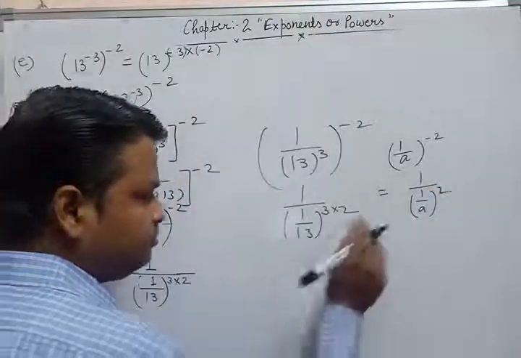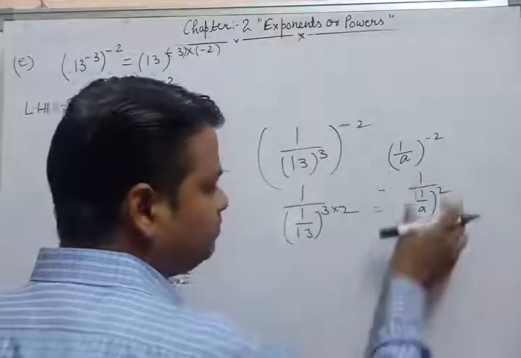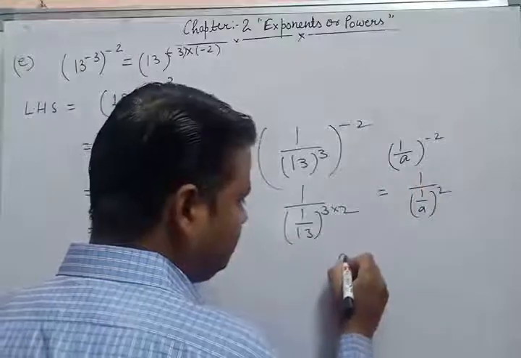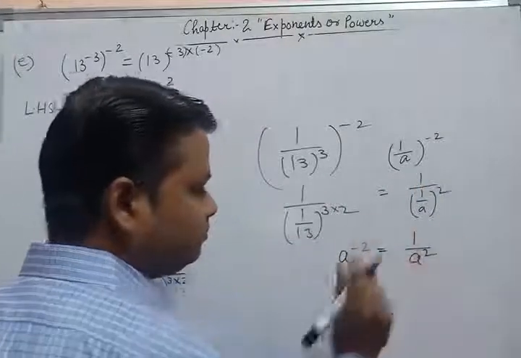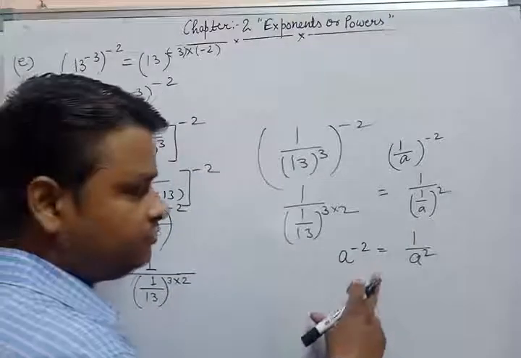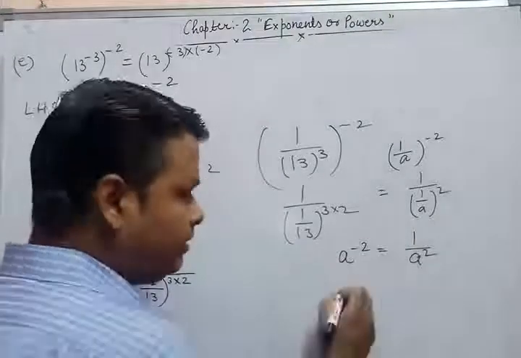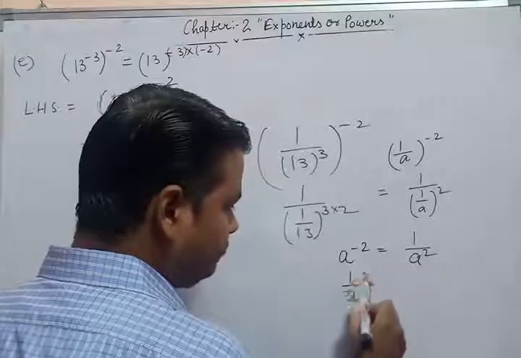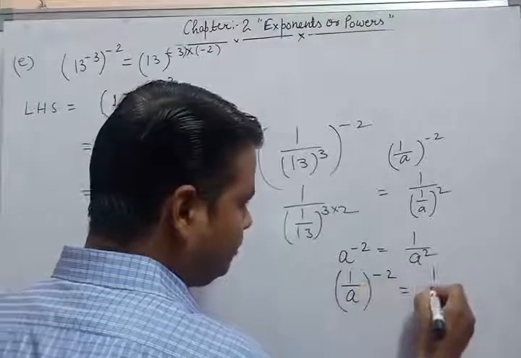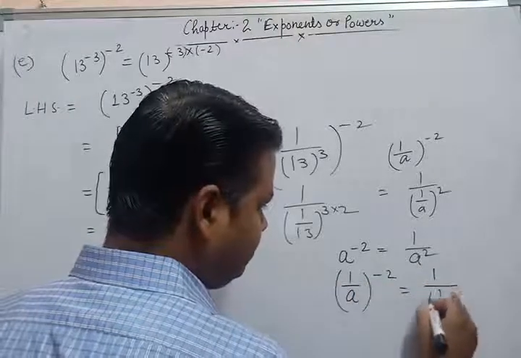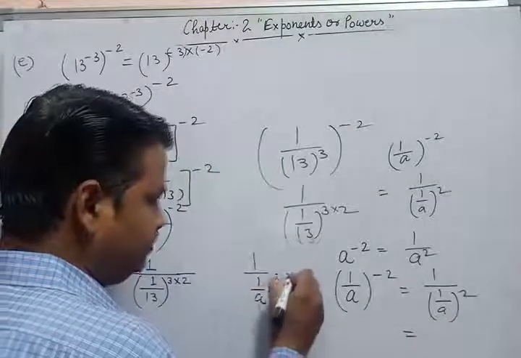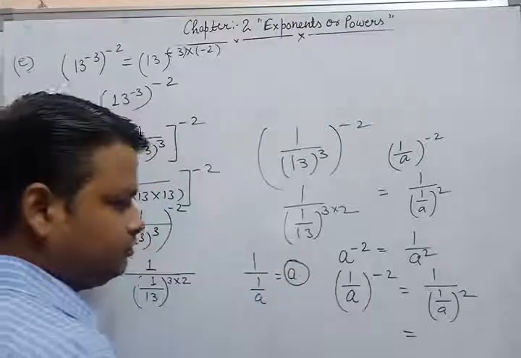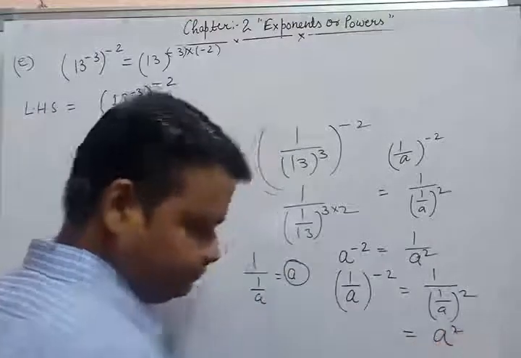Students, this is a very new concept. A to the power minus 2 is equal to 1 upon a square, and if you write 1 upon 8 to the whole power minus 2, then 1 upon a means a, so we can write a to the power 2.